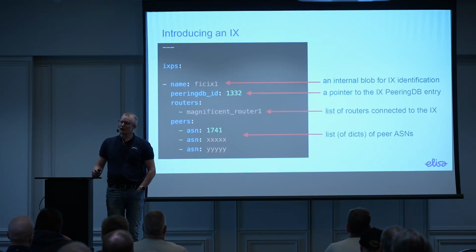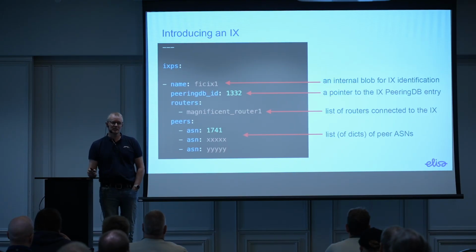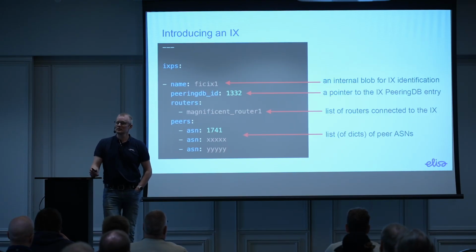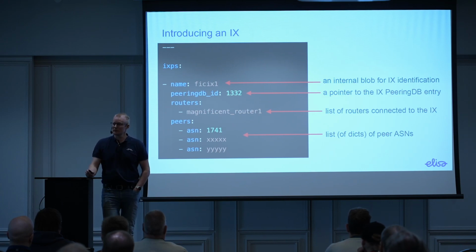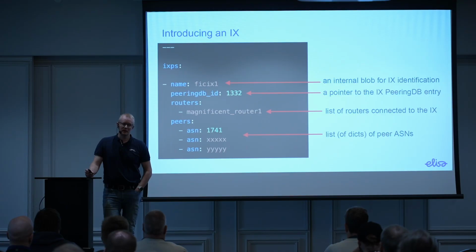This is how an IX looks in the Ansible YAML definitions. This is very simple. Basically, all we need is to give a short friendly name for each IX. It's used in all the generated configs. It doesn't have any other meaning. And then one of the most important things is an IX-specific PeeringDB ID that links the specific IX to the correct PeeringDB entry.